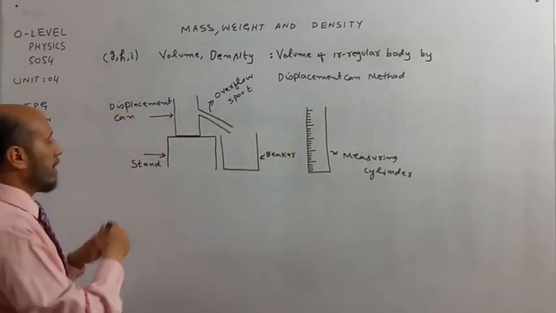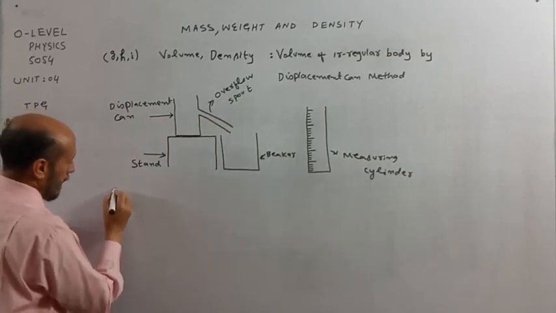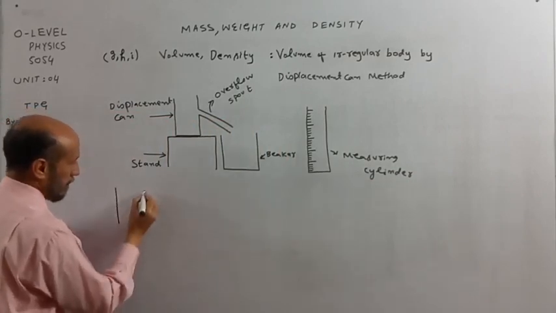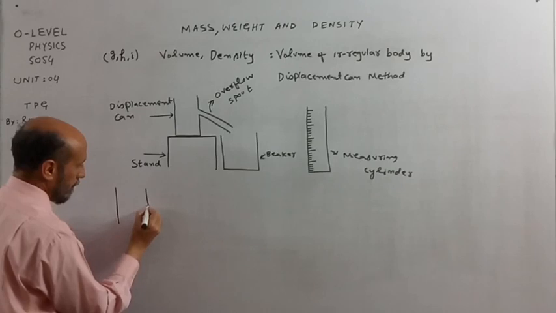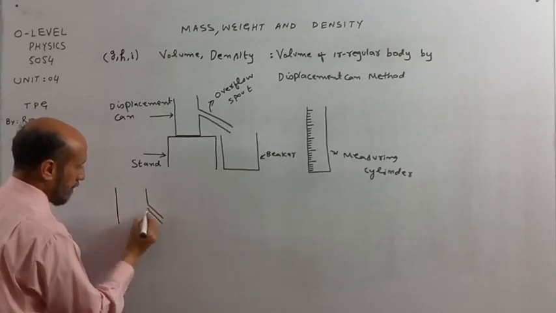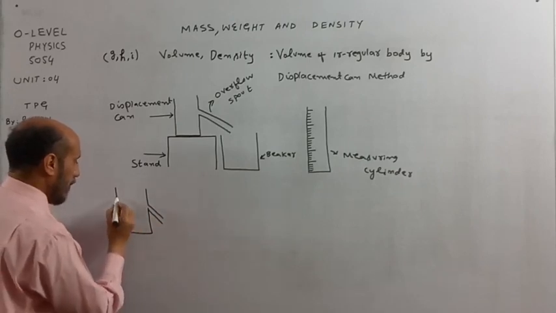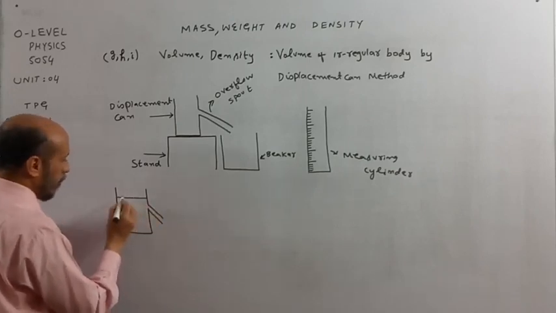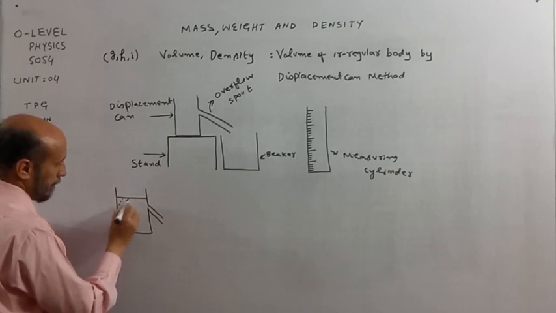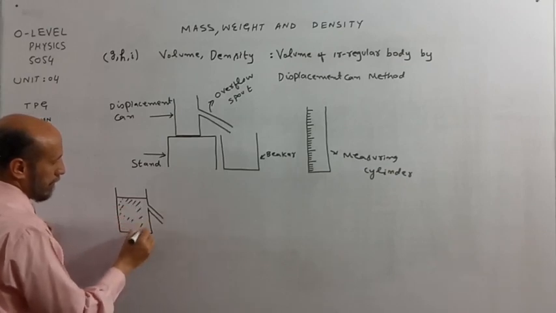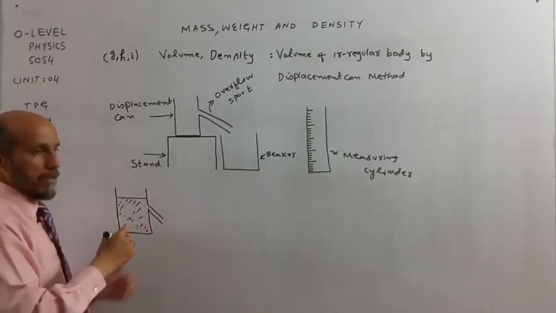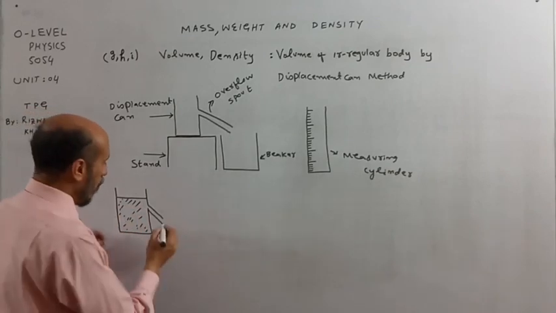Before starting the experiment, we will place the displacement can on its side and fill it with water up to here. Now what will happen? The extra water will overflow.